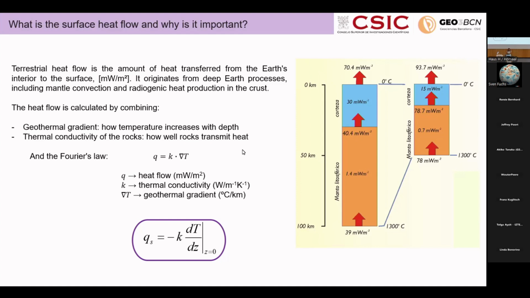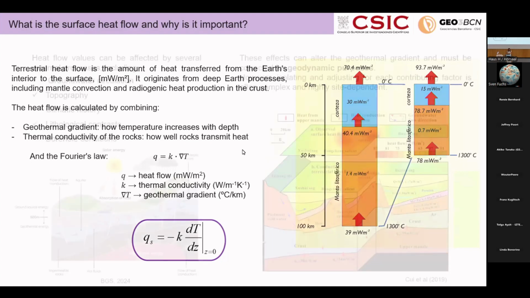It is calculated from the thermal gradient, that is how the temperature changes with depth, and the thermal conductivity of the rocks, following Fourier's law, and at surface we have that.